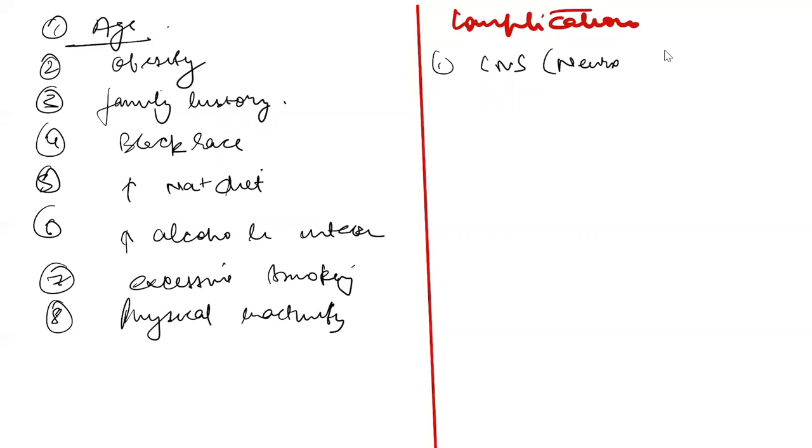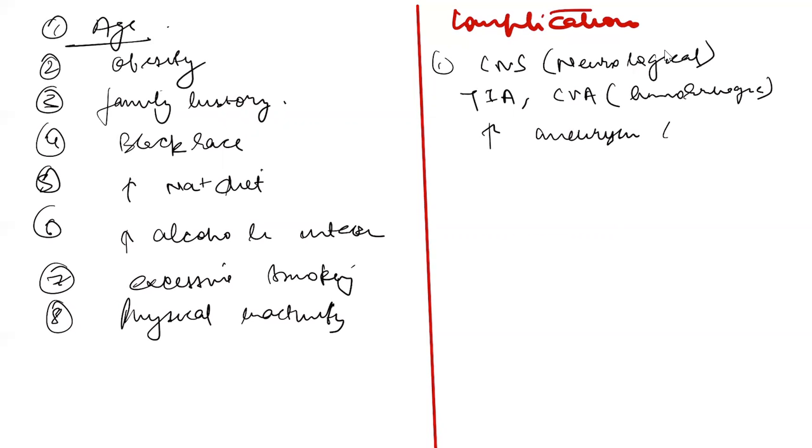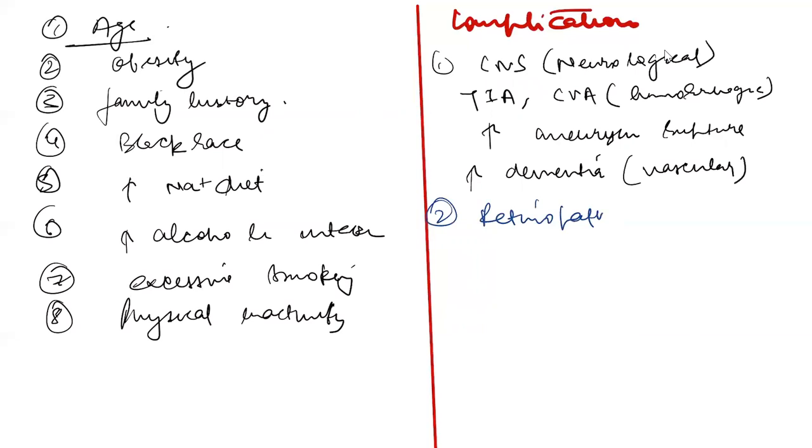Neurological complications lead to increased risk of TIA, increased risk of CVA, mostly hemorrhagic, increased risk of aneurysm rupture, increased risk of dementia, vascular dementia. It can also lead to retinopathy, that is hypertensive retinopathy.